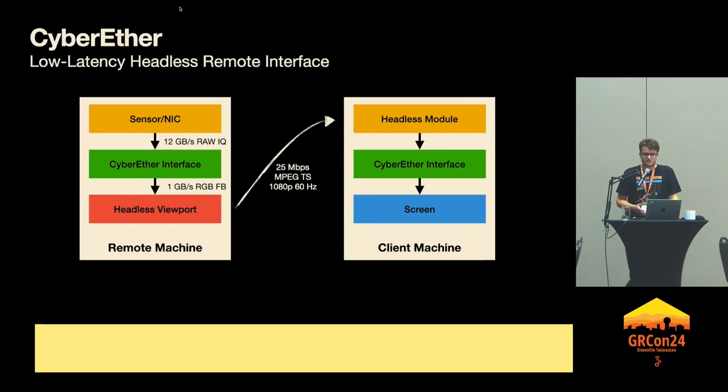And then instead of shipping out 12 gigabytes per second, you're shipping out 25 megabits per second that can easily be sent over a bad channel. And that's not even the VNC compressed image, it's like 1080p 60 hertz out of your computer. Then another CyberEther module will receive that frame buffer and draw it on screen. So the experience, if you don't know, is running in a headless interface with fairly low latency. You won't know that it's a headless instance of CyberEther.